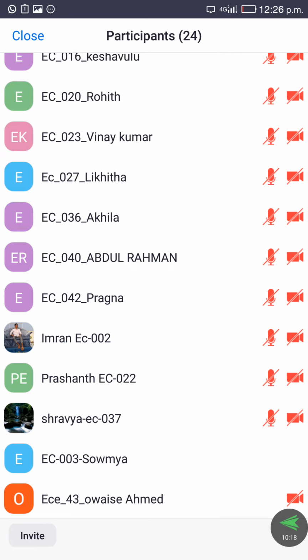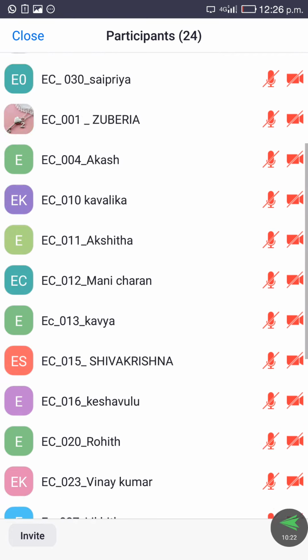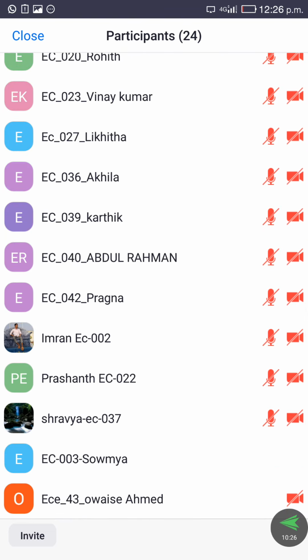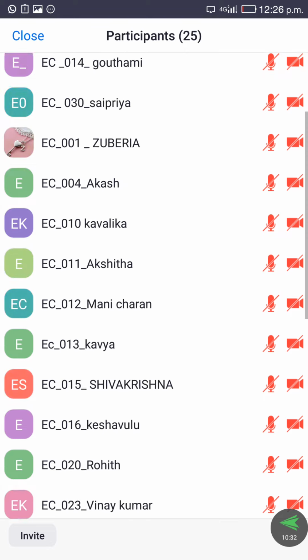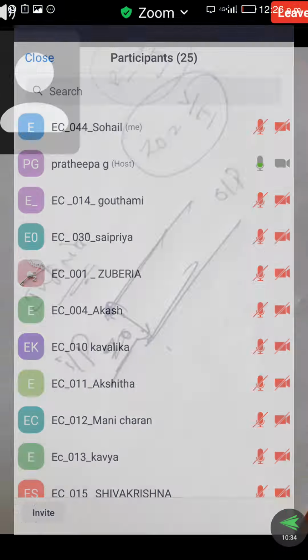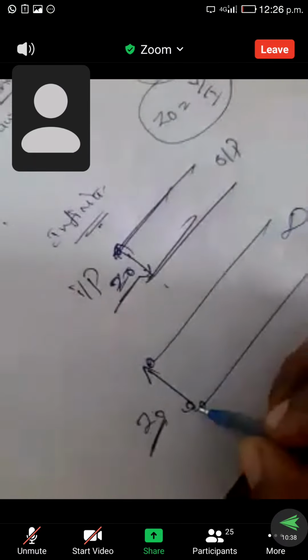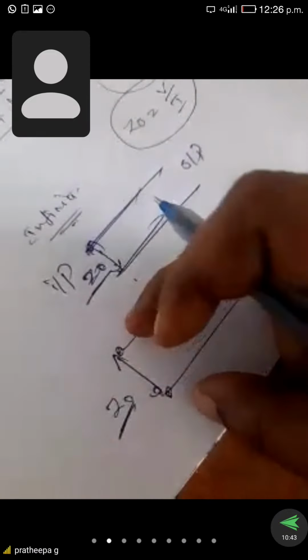So whatever impedance we measure here, that is called Z0, the characteristic impedance. That's what I said: the impedance measured at the input terminals of the infinite transmission line.